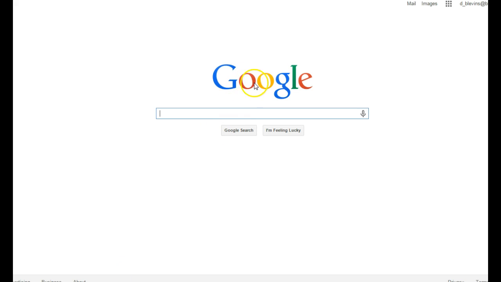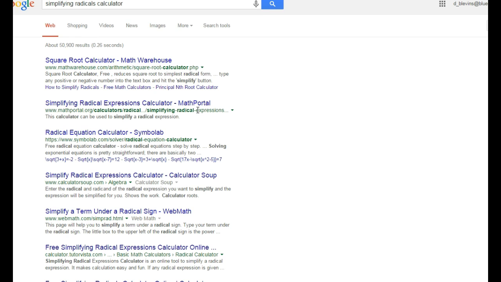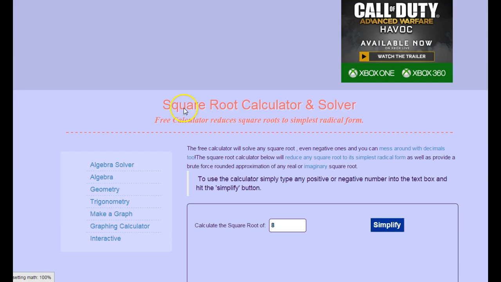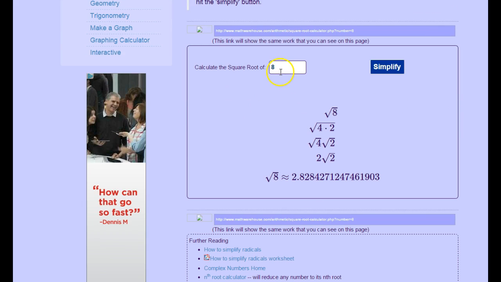There's this website called Google. Just kidding. But if you go there and type in simplifying radicals calculator, you can type in here what the radical is.